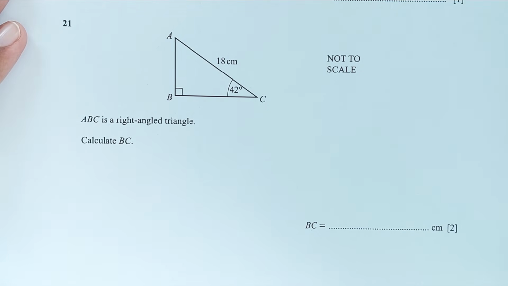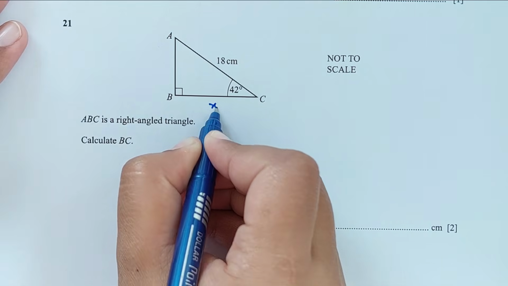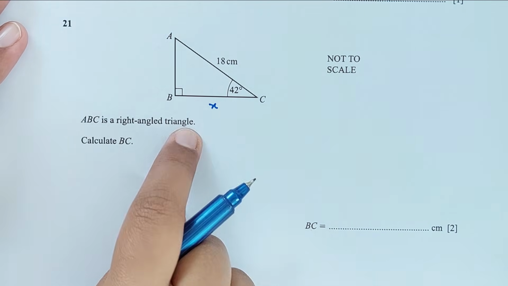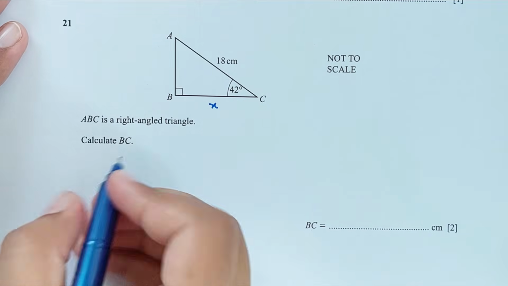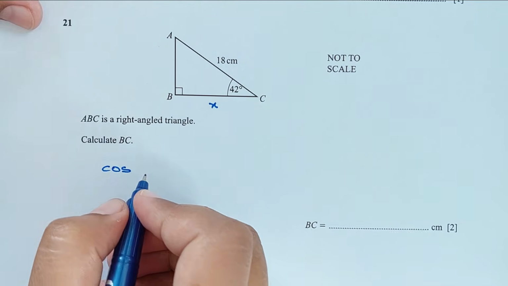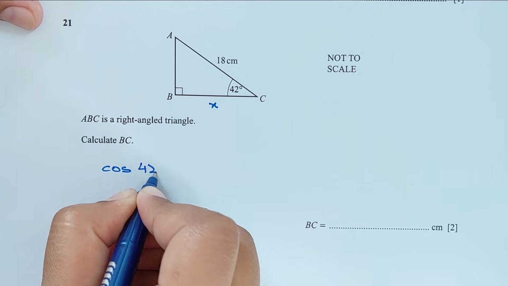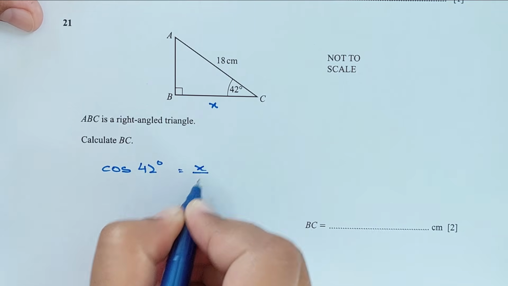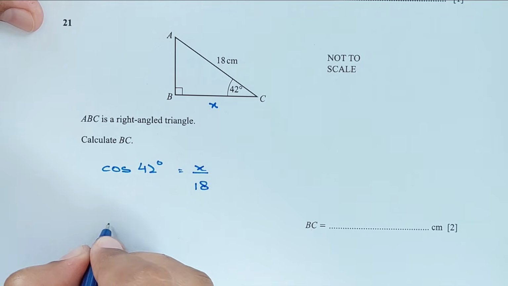Question number 21. ABC is a right angle triangle. Calculate BC. Let's say BC is x. We have angle is given. So this is opposite, adjacent, and hypotenuse. So we use a ratio for cos. Right angle triangle, we can use primary trigonometric ratio. Cos of 42 degree is adjacent over hypotenuse, which is x over 18 centimeters. So what is x?